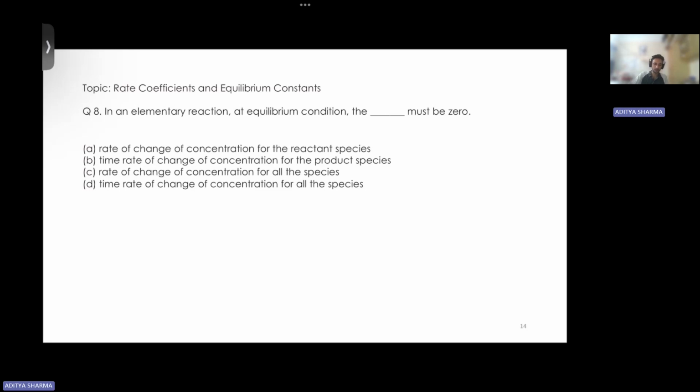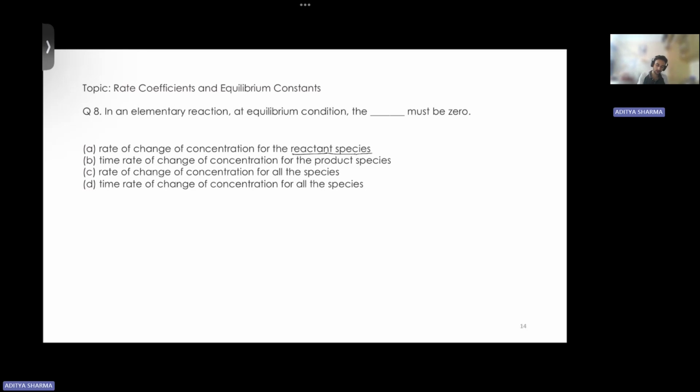Okay, so the first option here is the rate of change of concentration for the reactant species must be zero. The question is, in an elementary reaction at equilibrium, the dash must be zero. So first option is the rate of change of concentration of reactant species must be zero. Then the second option states the time rate of change of concentration of product species.